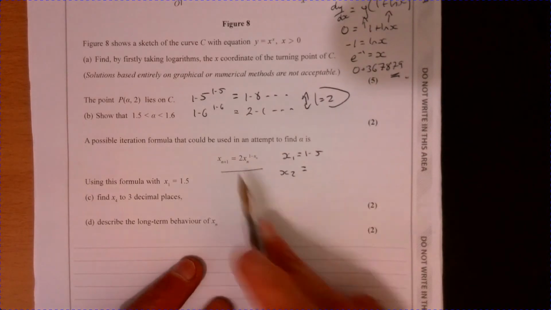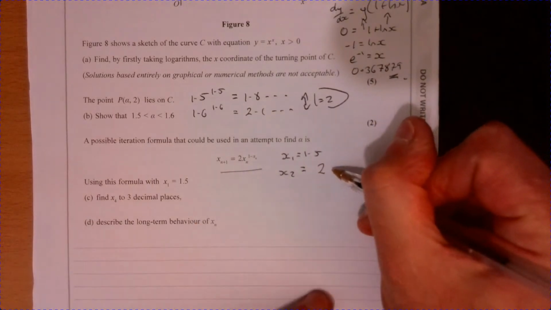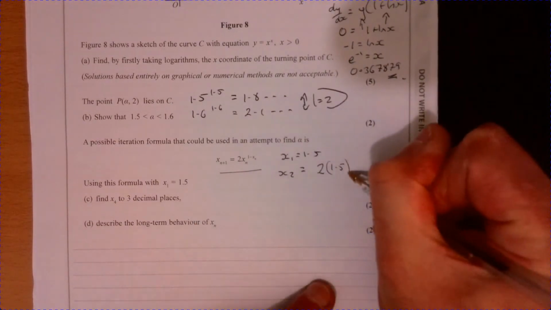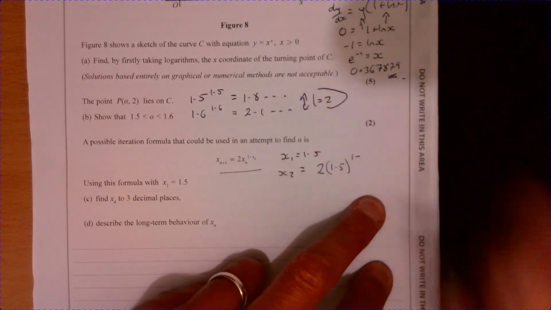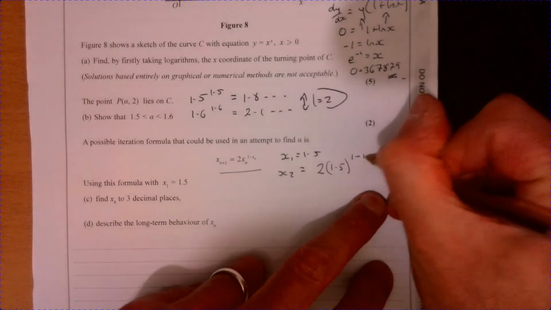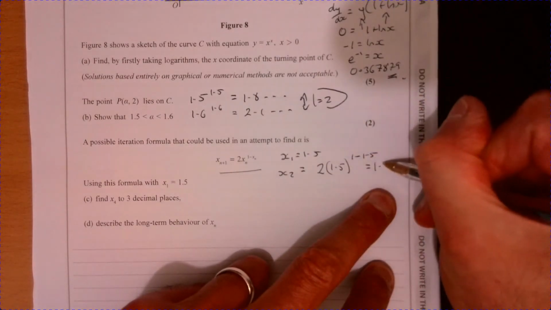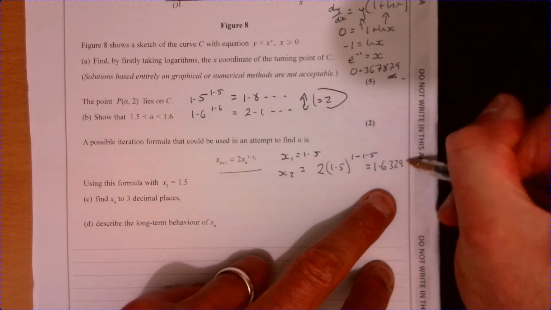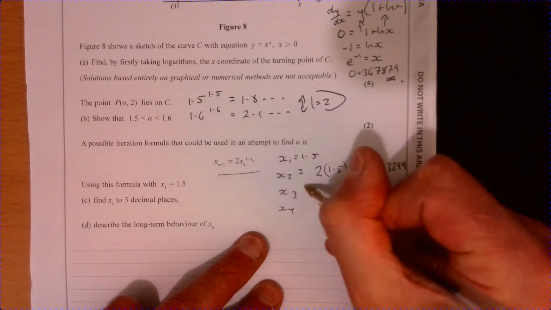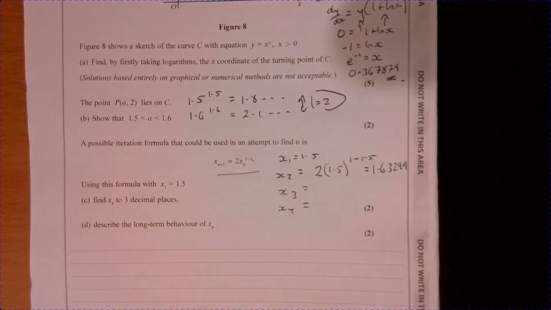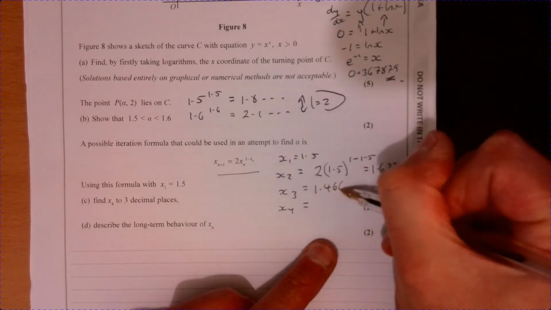The next one is 2 times the previous term, to the power of 1 minus the previous term. That gives 1.63299. We need to work out x4, so if you just repeat it, and set it up on your calculator, life will be a little bit easier for you.